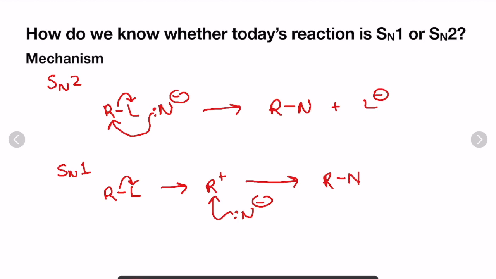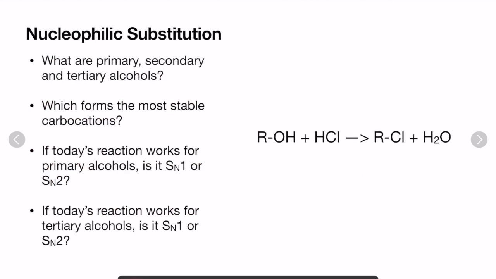Okay, so now that we know the 2 mechanisms, we can ask some questions about today's reaction. But before we do that, since our substrate is an alcohol, we need to remember what primary, secondary, and tertiary alcohols are. This is a review from OChem 1, so hopefully you remember this.